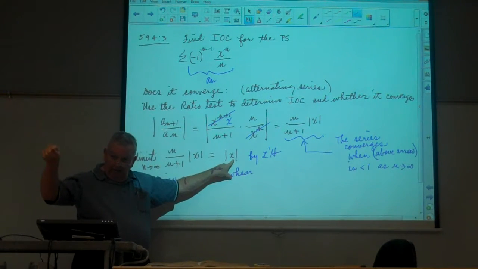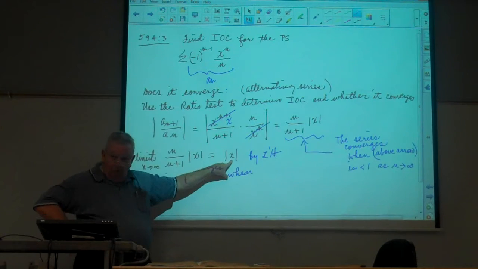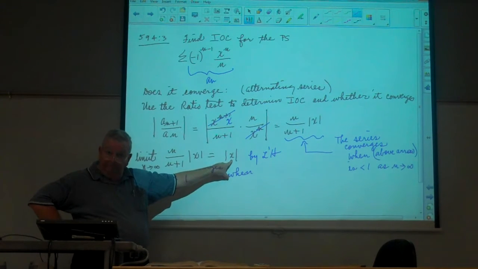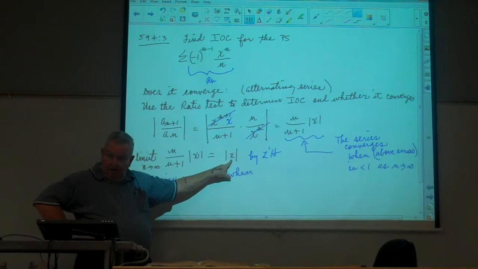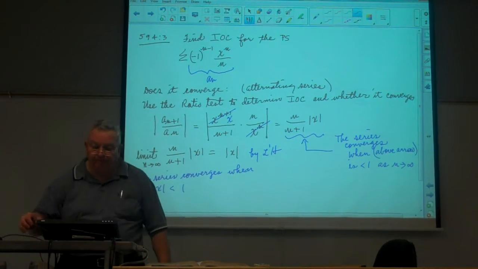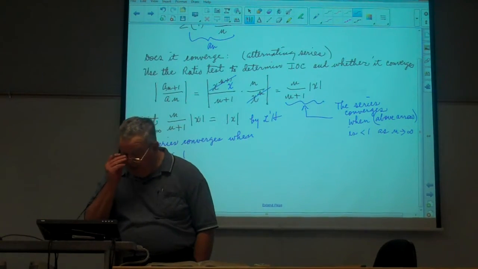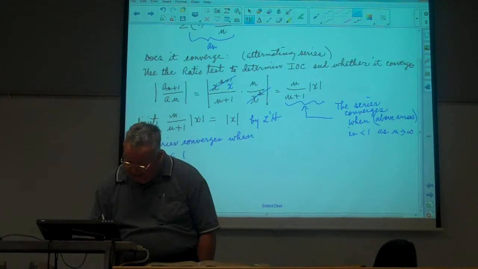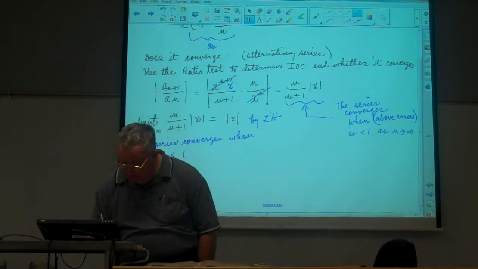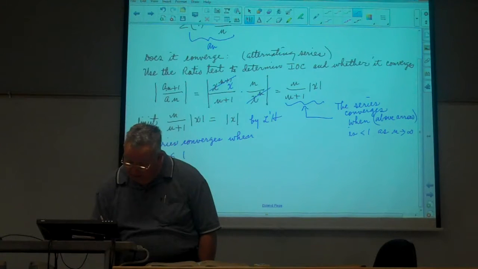On the test you're going to take starting tomorrow, right where I'm pointing will be a number. And if that number is less than 1, you're in business. If it's greater than 1, it doesn't converge, and if it's equal to 1, you don't know. Everybody agree? Okay. So, now I know that means that x has to be between 1 and minus 1.